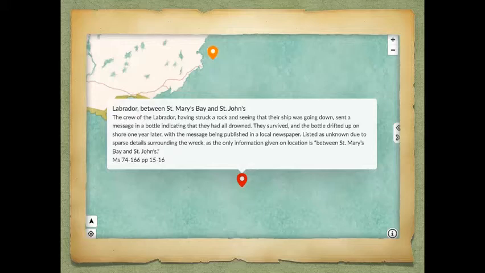And the bottle actually reached shore after they did, because they ended up surviving and making it back to safety. And then a year later, the bottle turned up and the message was published in a local newspaper. There wasn't a lot of information on this wreck given in the archive, but it was a very fascinating story and a surprising happy ending. So I decided to include that just purely out of personal interest.